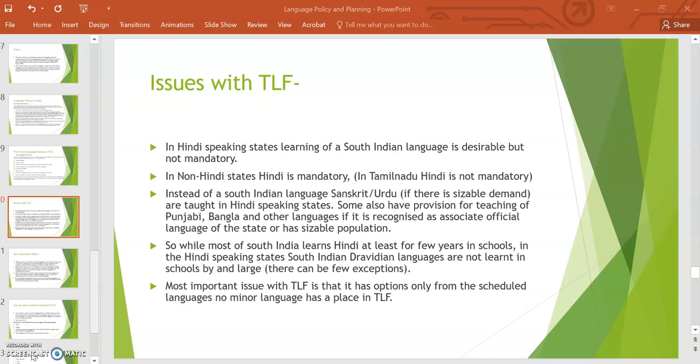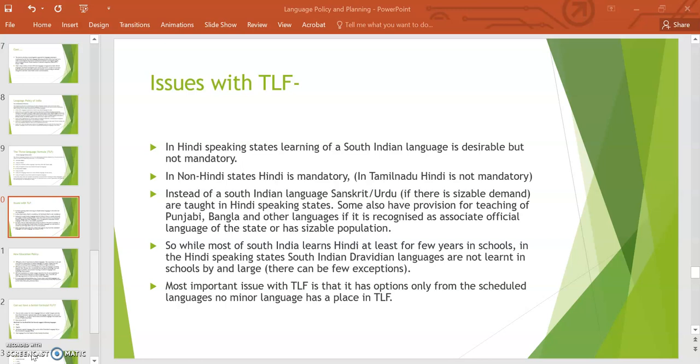In Tamil Nadu, it is not, of course. Instead of a South Indian language, Sanskrit or Urdu, if there is sizable demand, are taught in Hindi speaking states. Some also have provision for teaching of Punjabi, Bangla, and other languages if it is recognized as an associate official language of the state or has a sizable population.